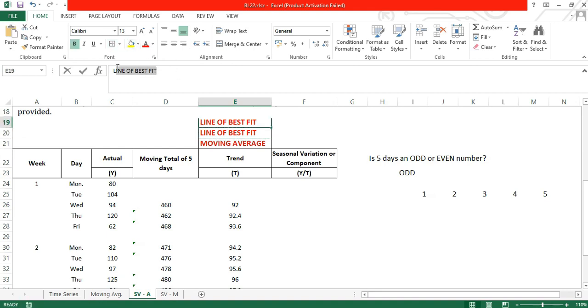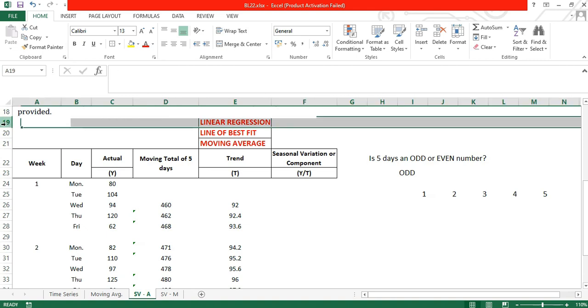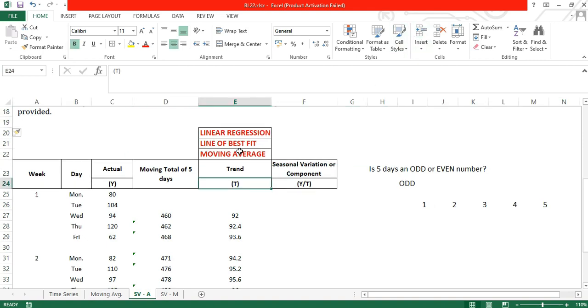That means the value may be identified through one of these methods, but mostly it will be via moving average.